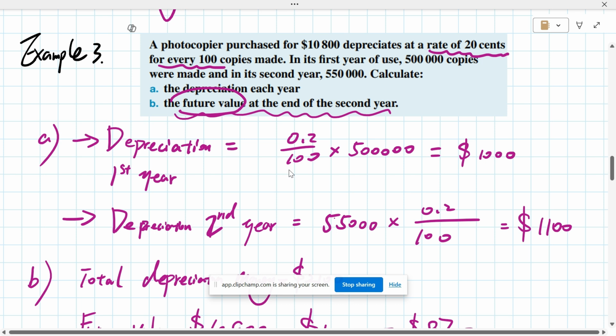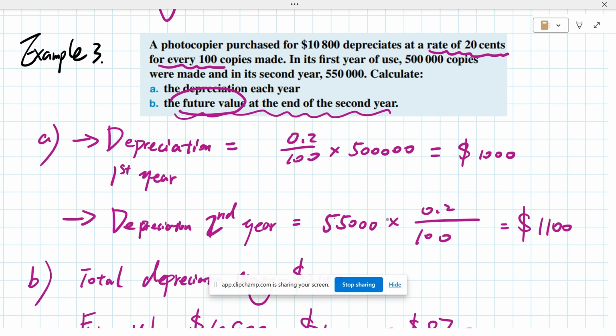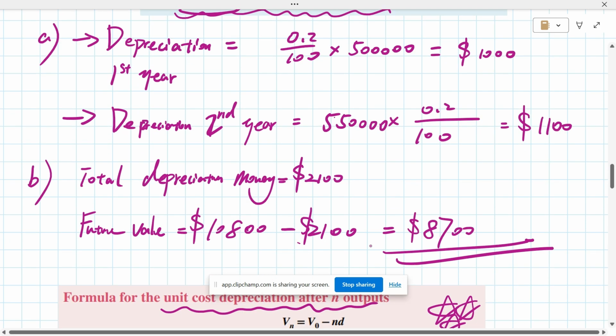For the second year, we're using 550,000. Sorry, missing a zero, and then multiply by 20 cents again, and we will get $1,100. So the total depreciation is $2,100.